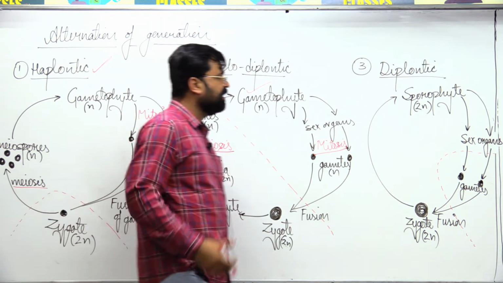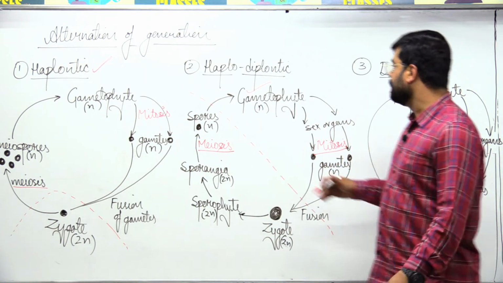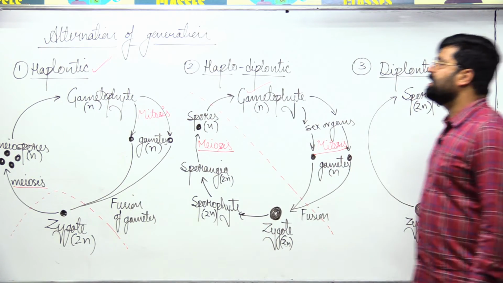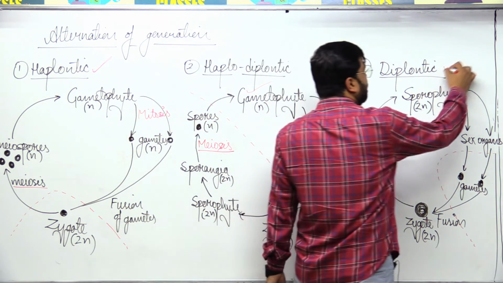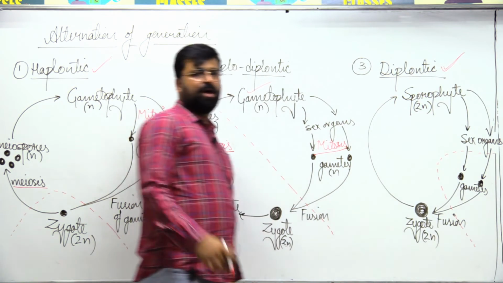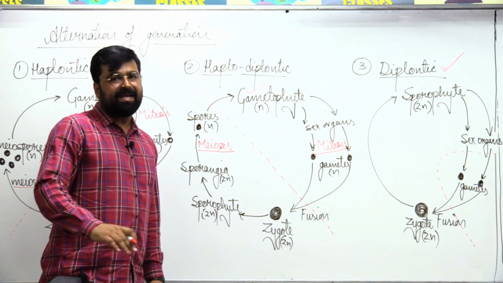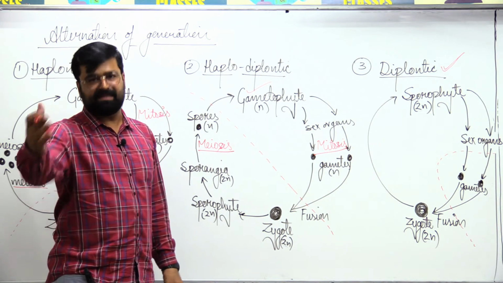I will show you examples next, at the end. Coming to the last type of alternation of generation, the diplontic type. What happens here? Definitely here we can consider dominance.